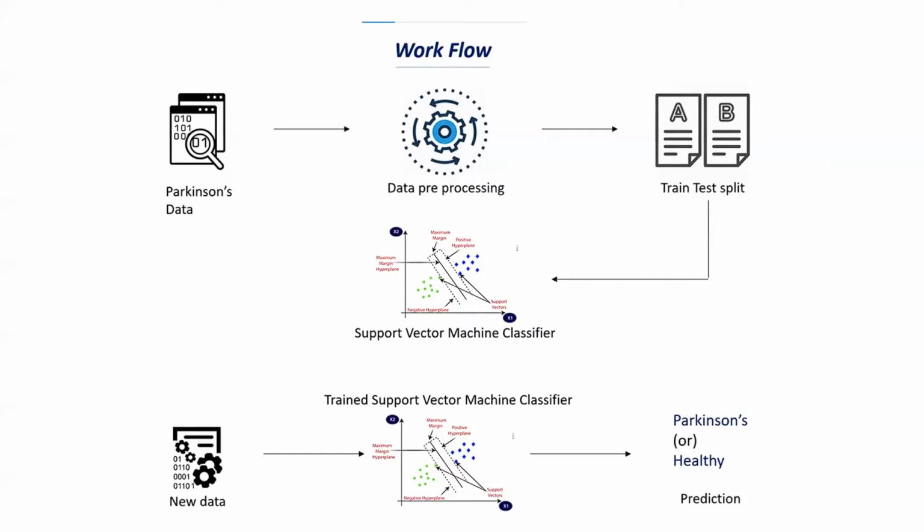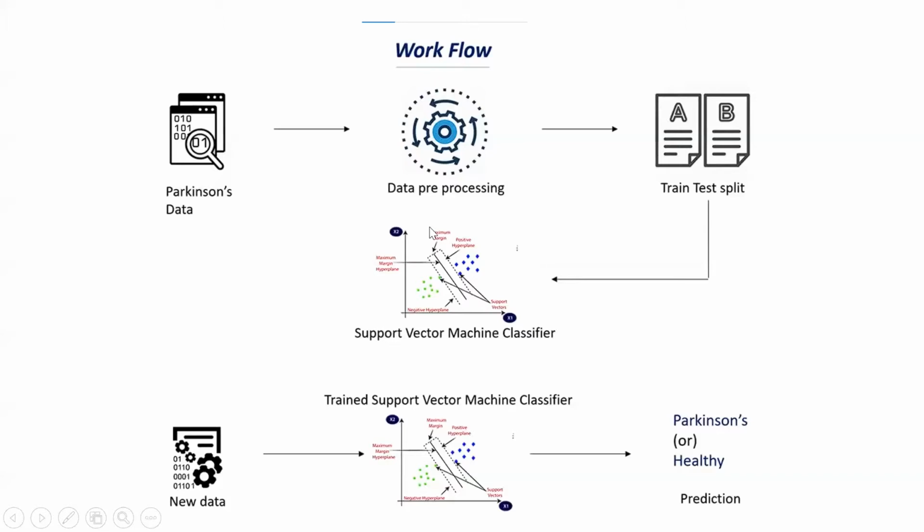We will be using a support vector machine classifier. Let's say this is 1 and this is 2. So 1 and 2 are the vectors. Support vectors are data points that are very close to the hyperplane. So these are two vectors, vector 1 and vector 2.